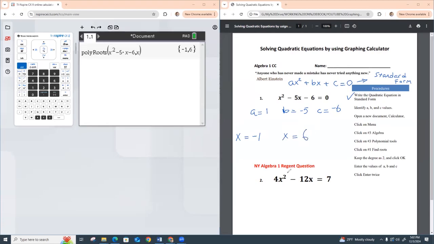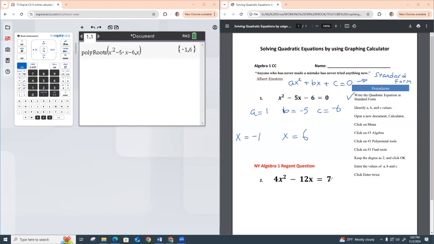All right, I have one more example. Example 2 is also a Regents question, a New York Algebra 1 Regents exam question. Let's do it. So this equation is not in standard form. As you can see, the right-hand side is not 0.